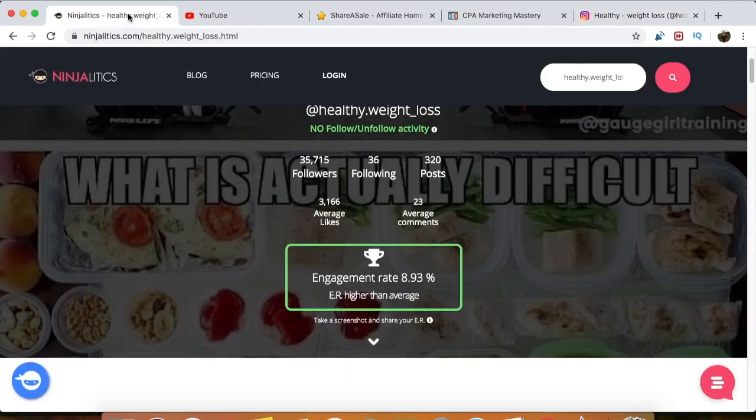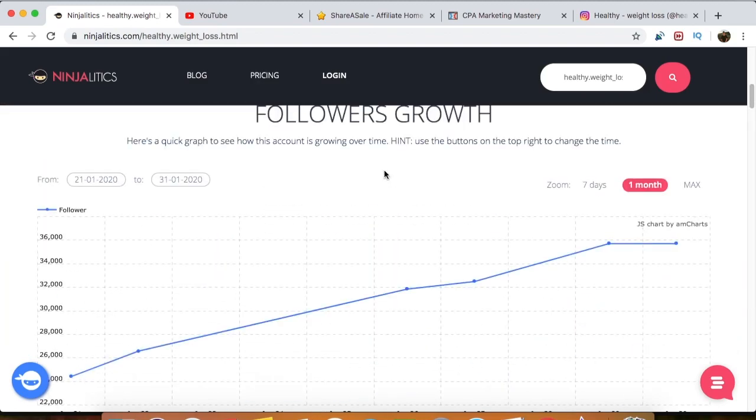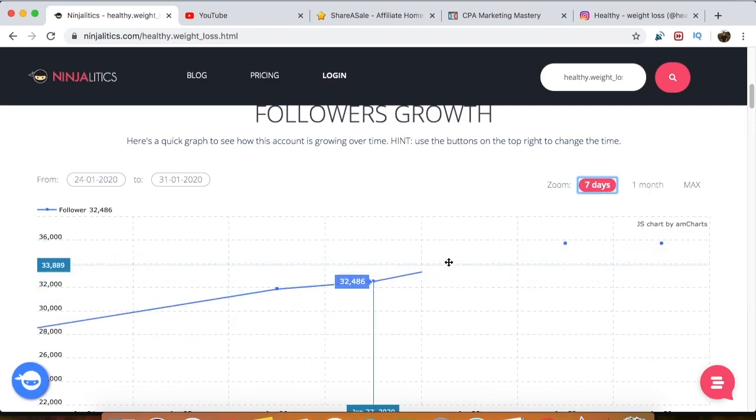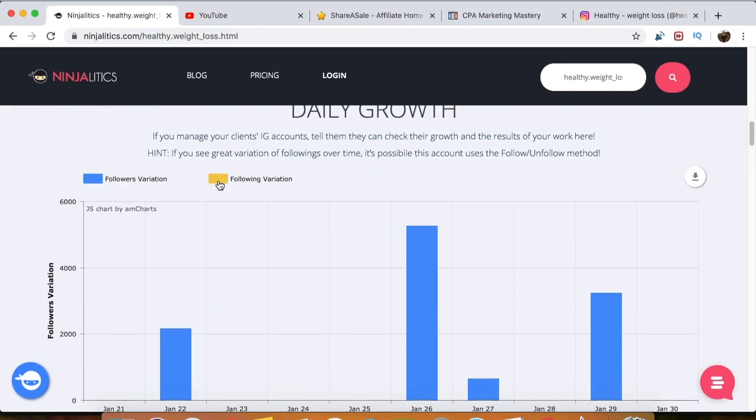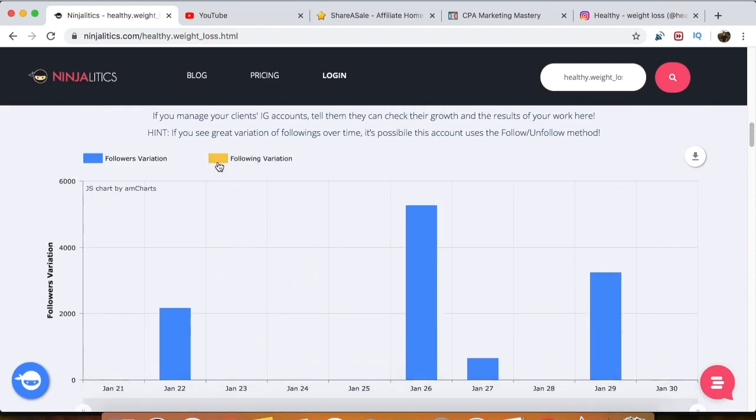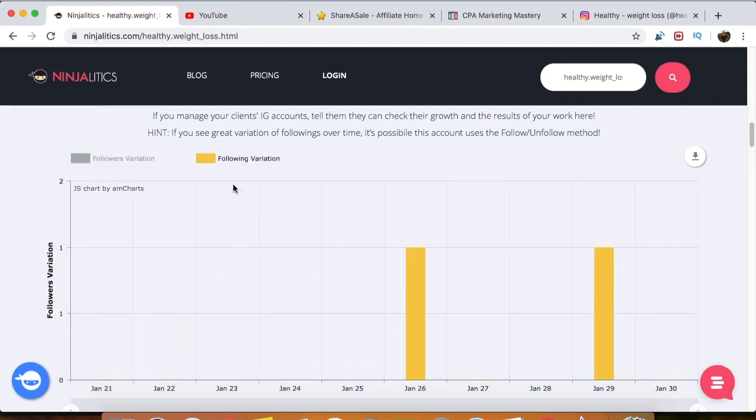But that's not all we're going to check. It's not just likes. We're going to check if the account is growing. Yes, it is, it's growing every day. The next thing we're going to check is following variation.